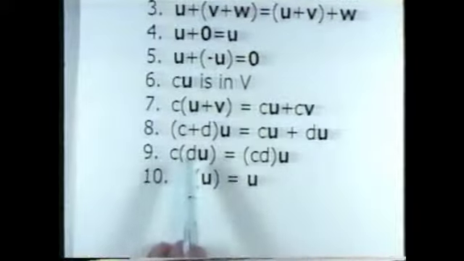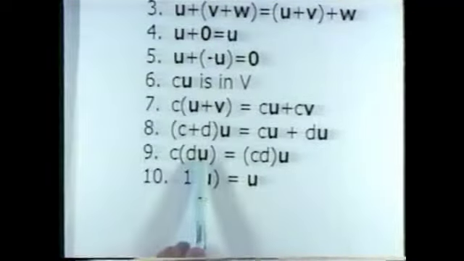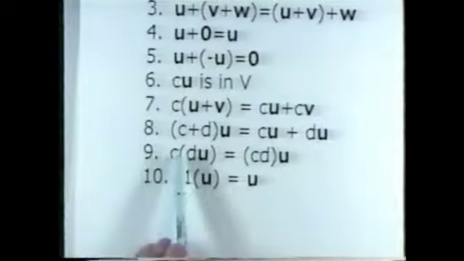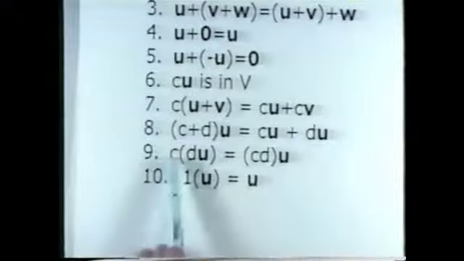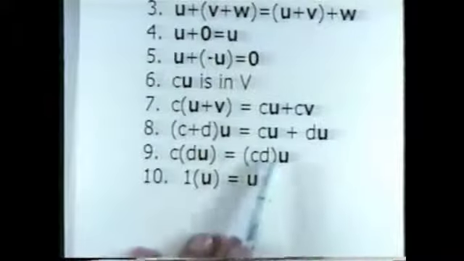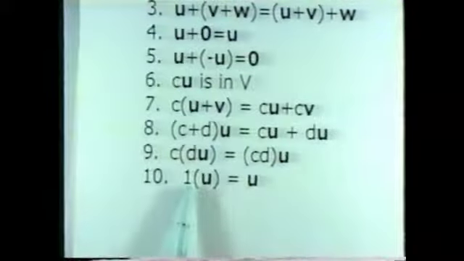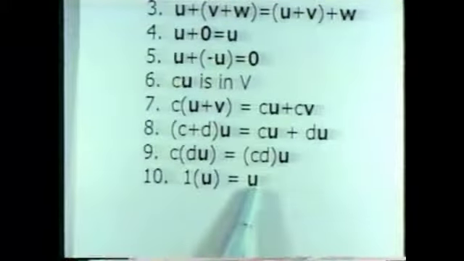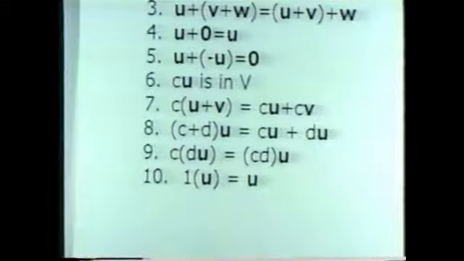Here's the associative property of scalar multiplication. If I have vector u times scalar d times c, that would be the same as multiplying the 2 scalars, c and d, and then multiplying by the vector u. And finally, 1 times u is u, 1 being the multiplicative identity.